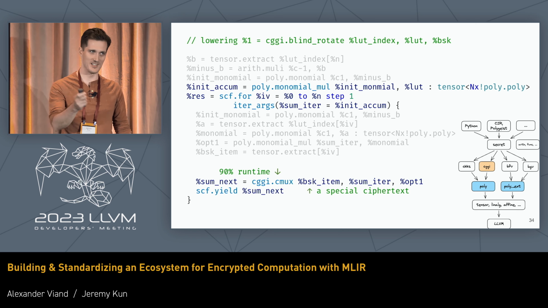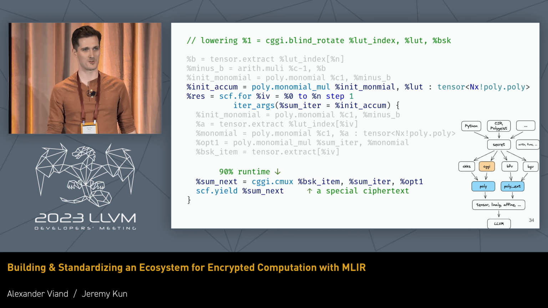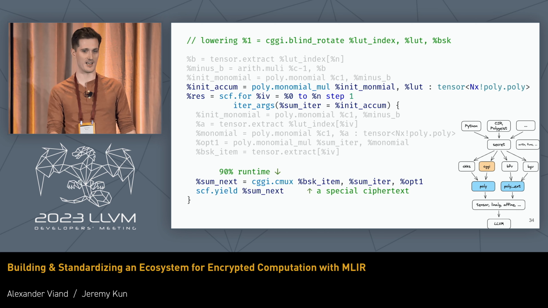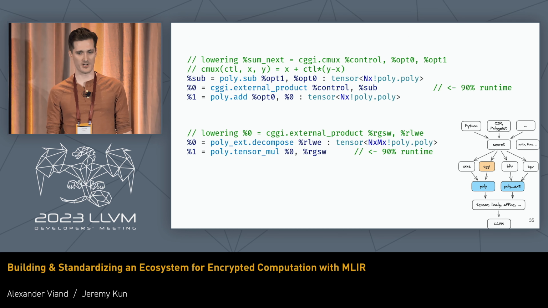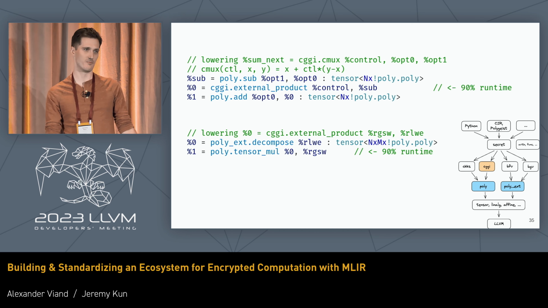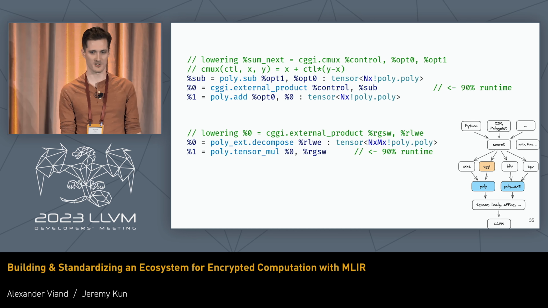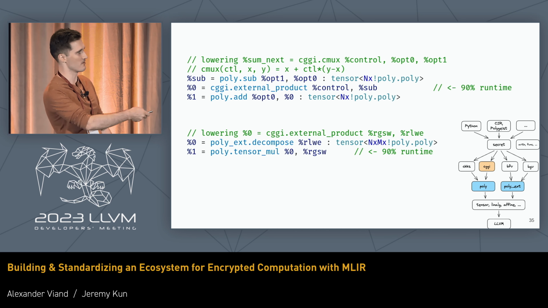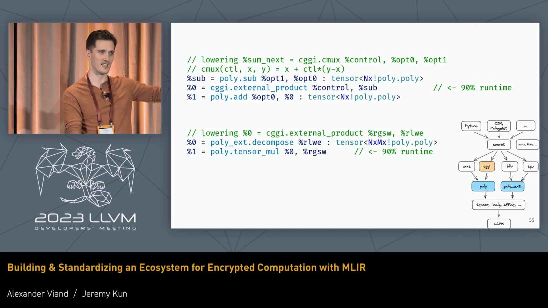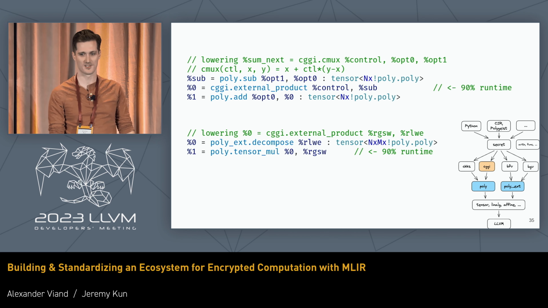Yeah, so inside, one layer lower, there's a big loop where it's doing this private CMUX operation. And then one step lower, you'll see down at the bottom, it decomposes to a big tensor of polynomial operations. And you'll see these comments that say 90% runtime, 90% runtime. That's because it's all in the polyops.